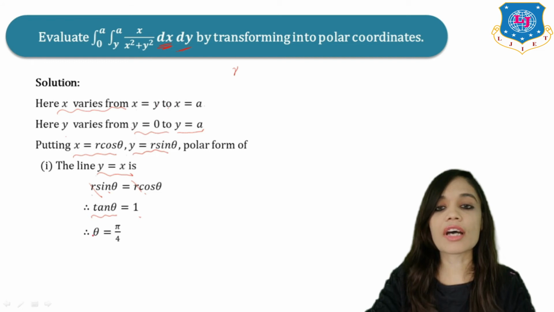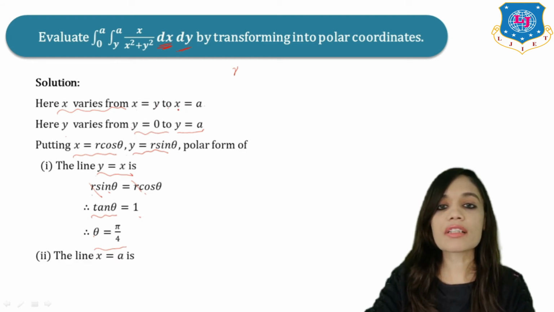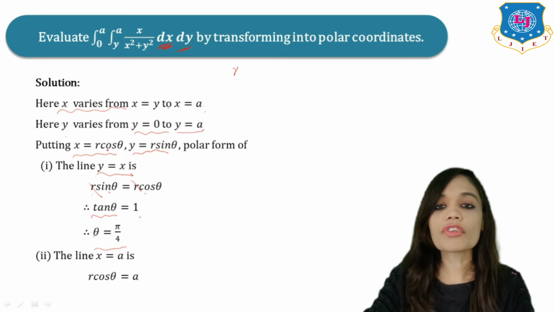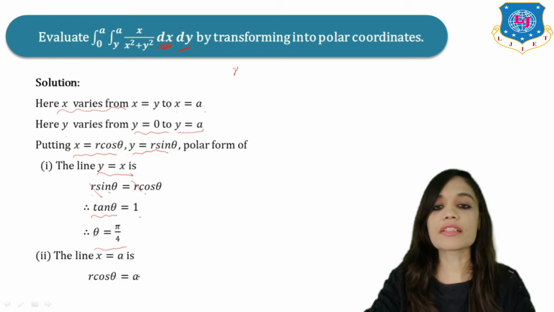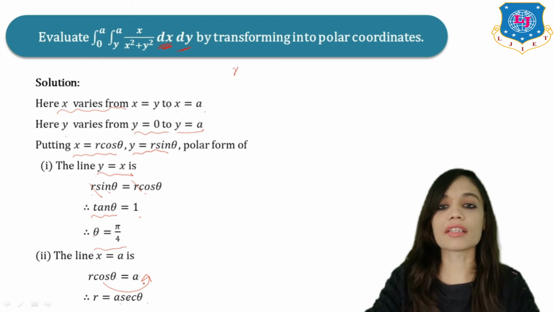So finally the answer for theta will be pi by 4. Okay, so this is our first limit of theta. Now let us consider the line x equals a. So what will we get? r cos theta equals a. Now cos theta we take to the other side. So what will we get? r equals a sec theta.